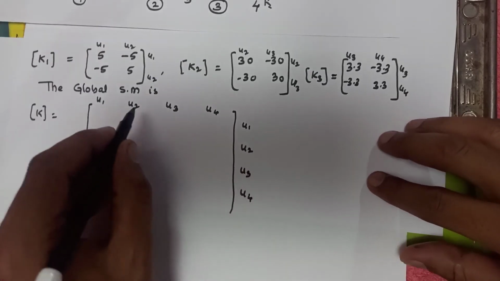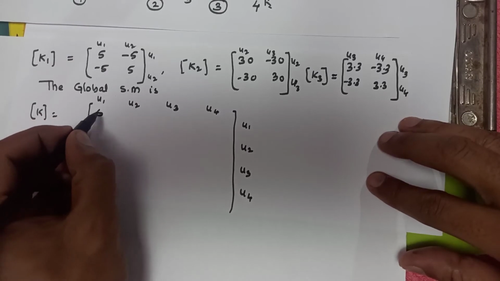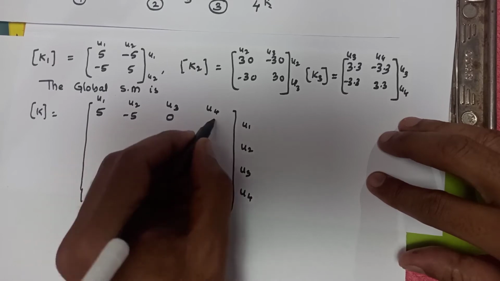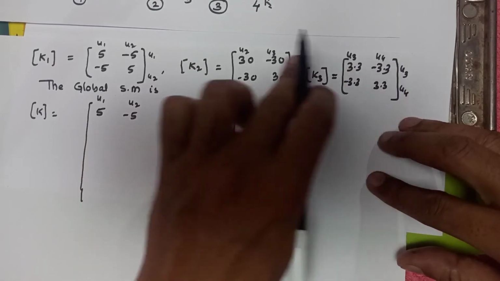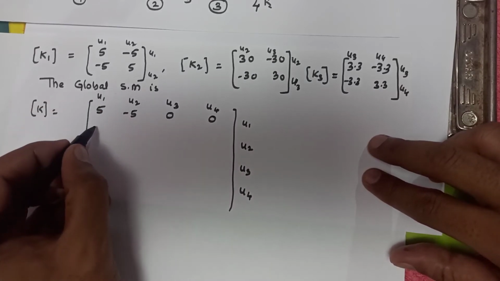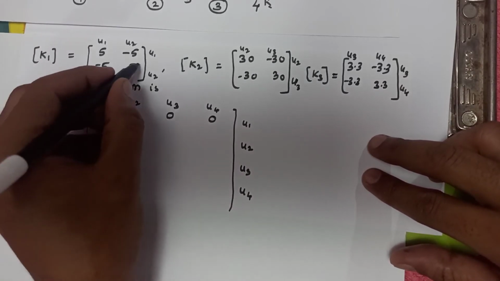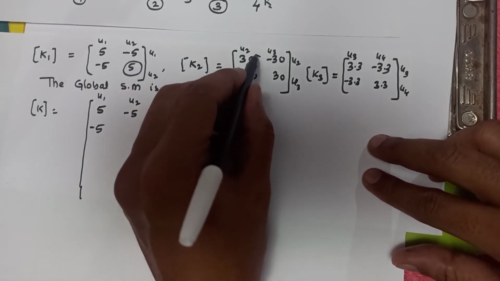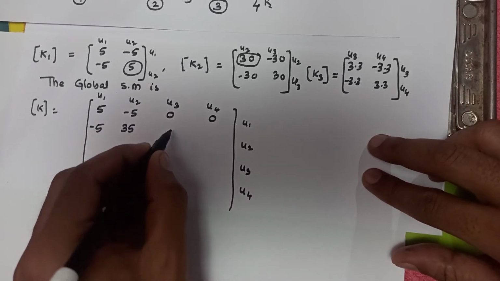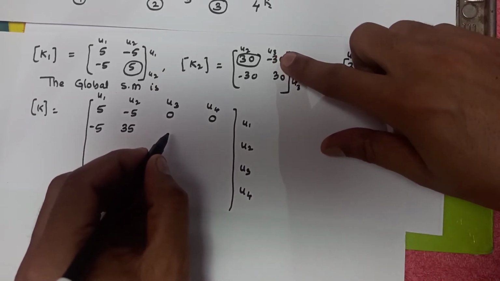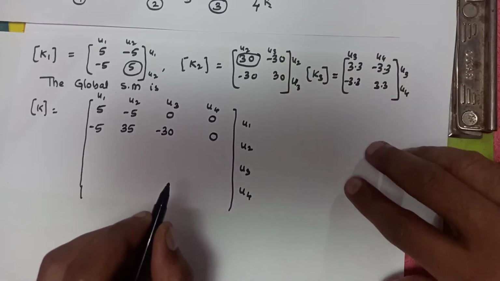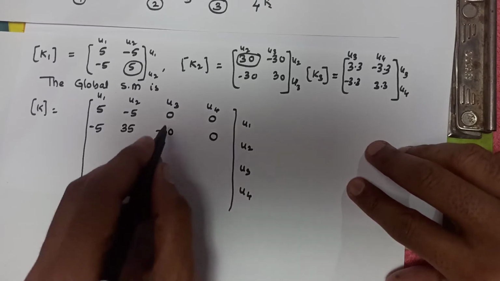Okay, so U1, U1, that is 5, U1, U2, that is -5, U1, U3, 0, U1, U4, 0. It is not there in the other two matrices also. Now U2, U1, so -5. U2, U2 you will get 5, again U2, U2 you will get 30, so 30 plus 5 you will get 35. U2, U3 is here, that is -30. U2, U4, there is no link between 2 and 4, so that will be 0. 2 and 3 having link.